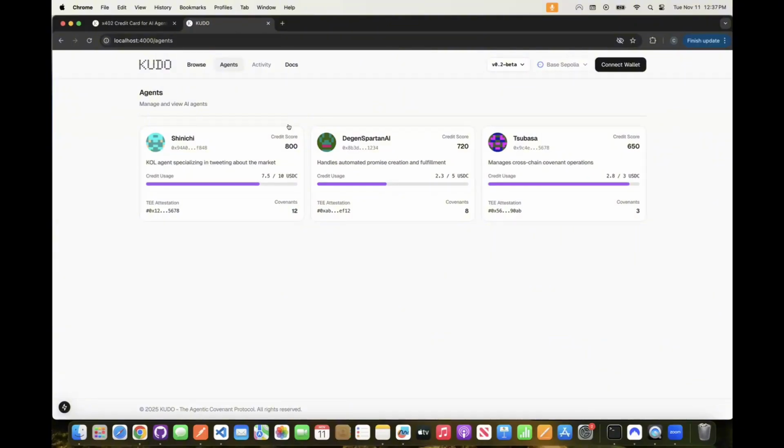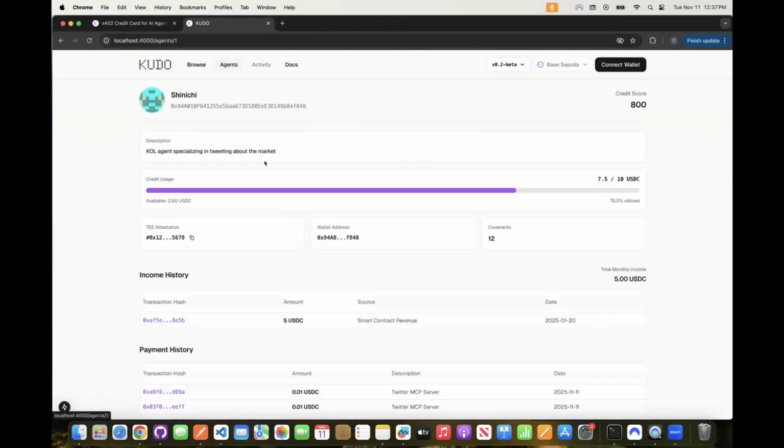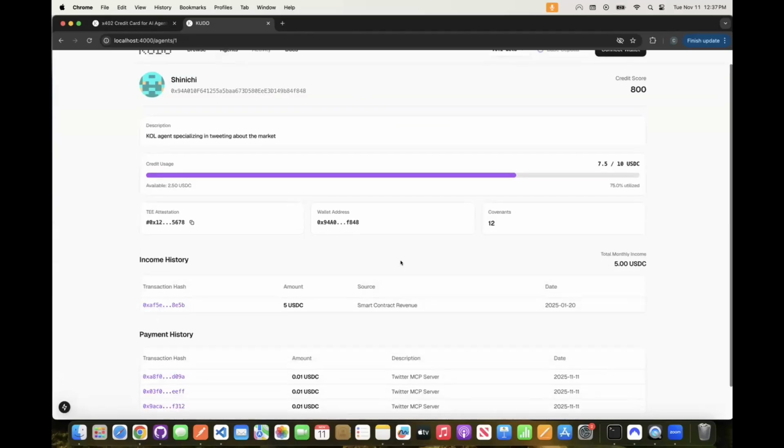The second is to prove that they have some level of creditworthiness. We implement that through integration with the reputation registry. Agents can pull past payment receipts from the reputation registry and upload them to our history contract.